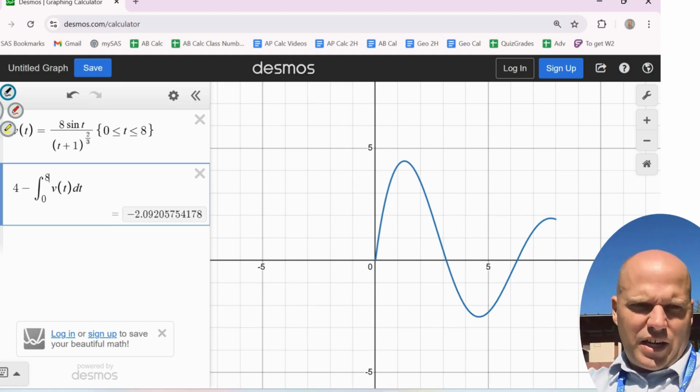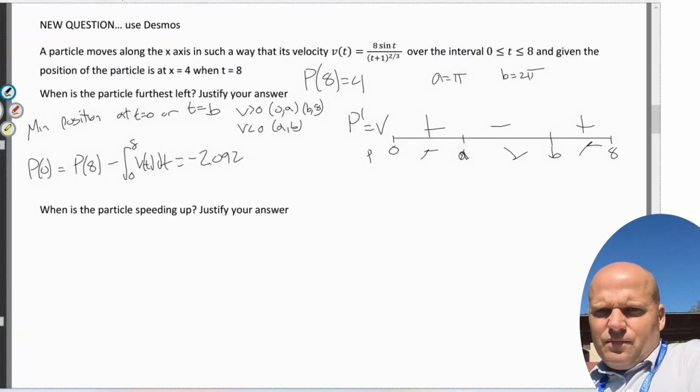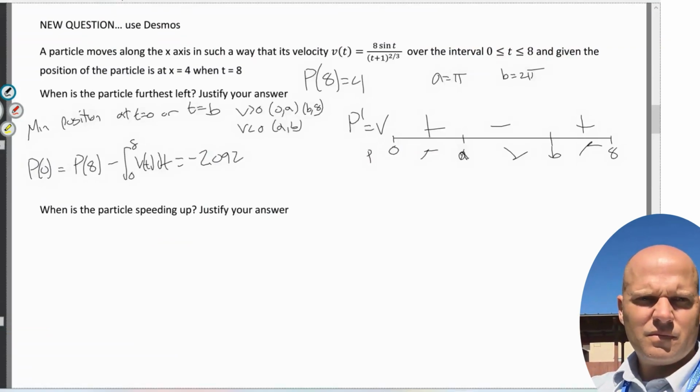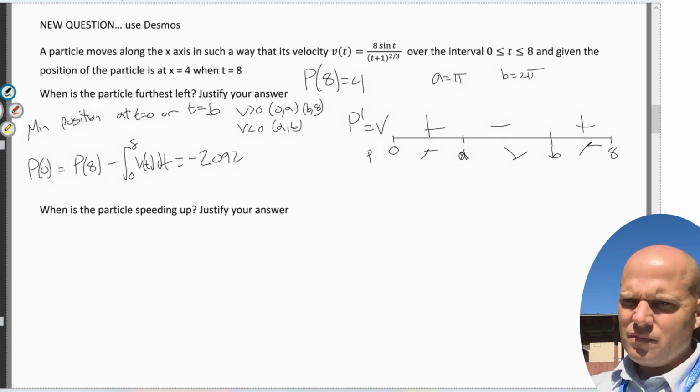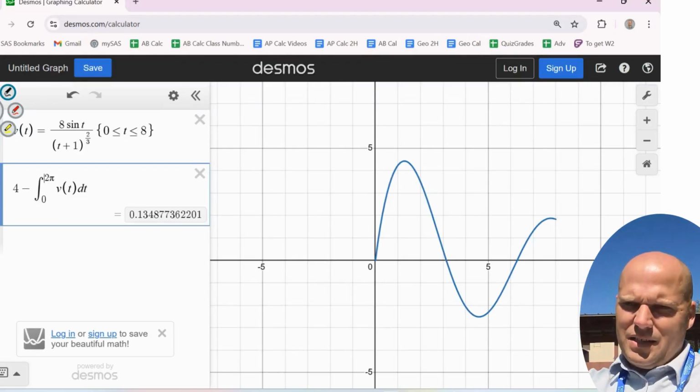If I went and checked out 2 pi, B equals P of 8 minus the integral from B to 8. It should go from B to 8.